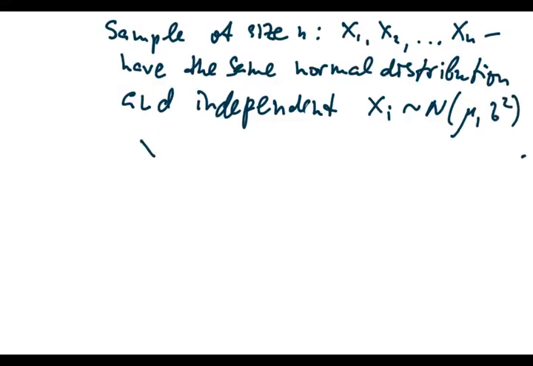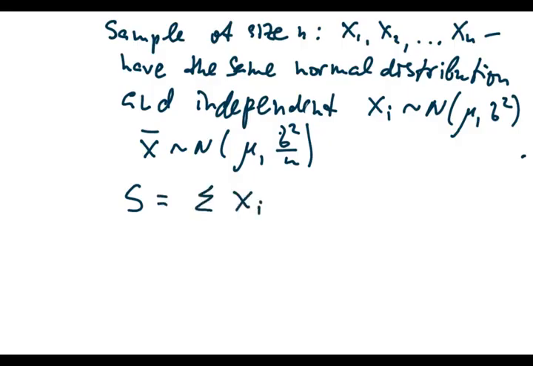Now what we know is that x bar has normal distribution with expected value mu and variance sigma squared divided by n. Now let's introduce random variable S, which equals the sum of xi's. So as we can see, it is n times x bar.